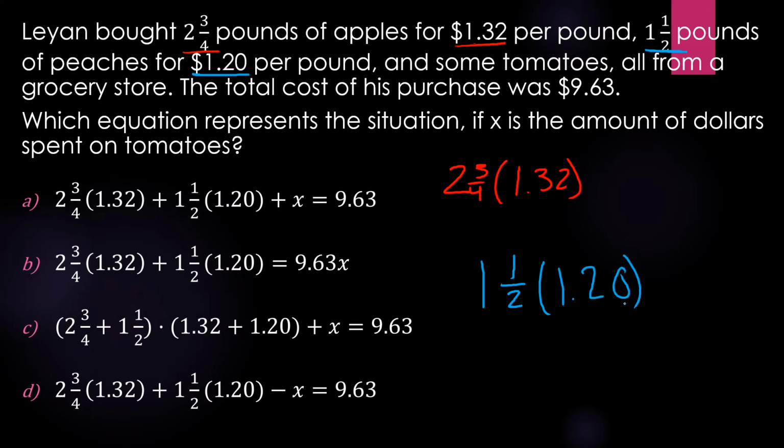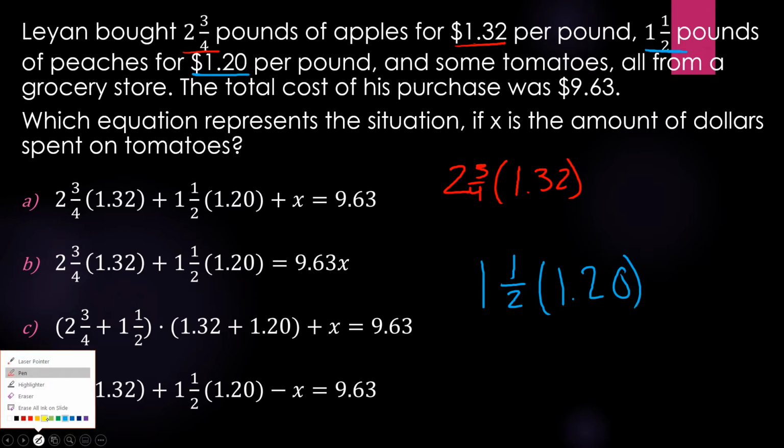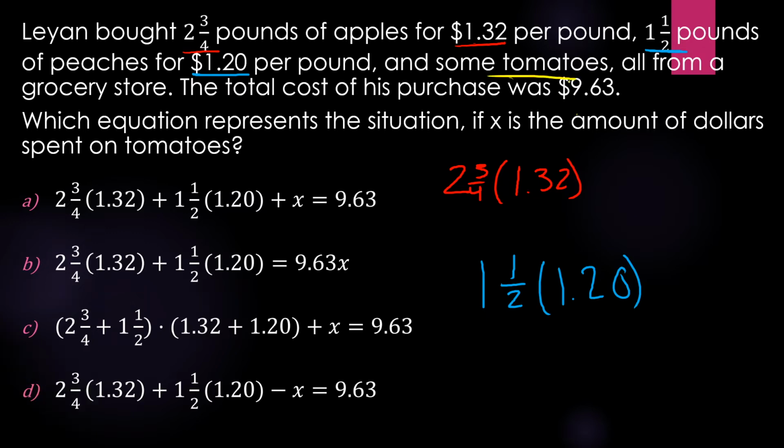Now, I don't know how much money he's spending on tomatoes, right? I don't know how many pounds he's buying, and I also don't know how much they cost. I don't know any of that. I just know that he also bought some tomatoes. So for tomatoes, I'm just going to let that be represented by x because I don't know either the pounds or the price that he paid.